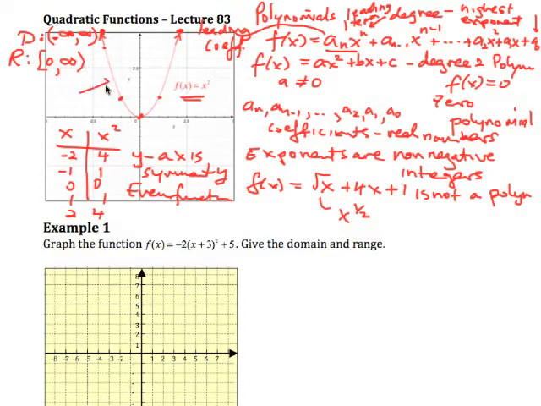Right, it's decreasing from negative infinity to 0. And you can see that it's increasing from 0 to infinity. Right, so we have all of these things that we know about the squaring function.